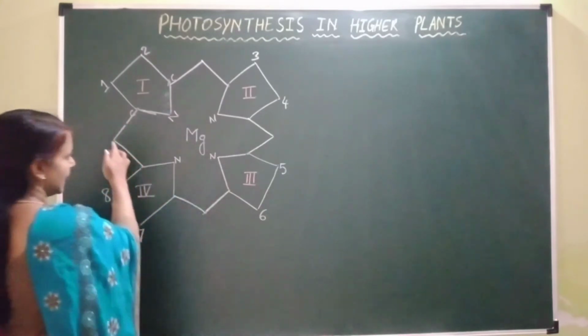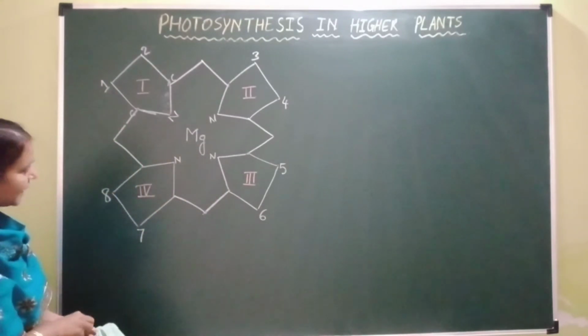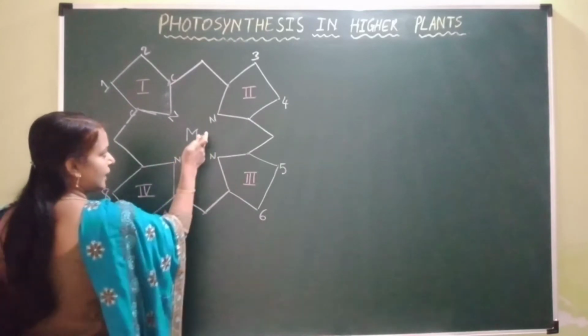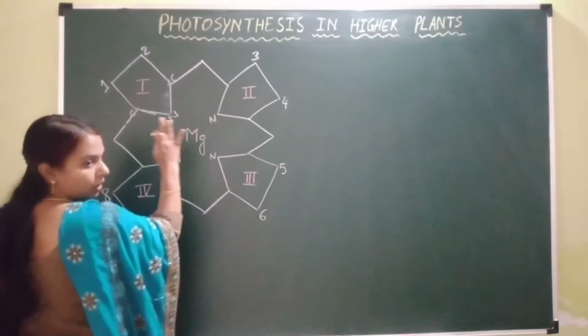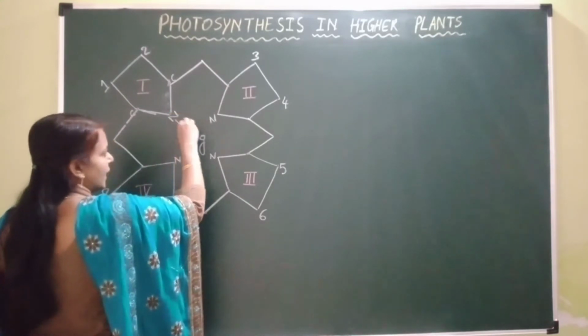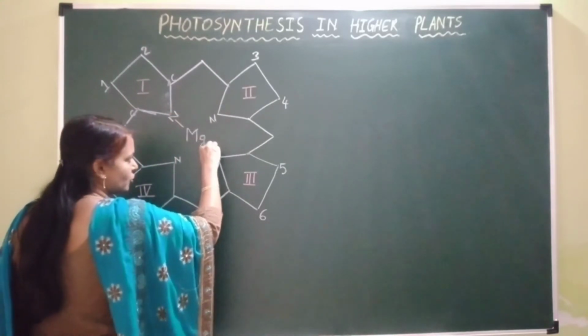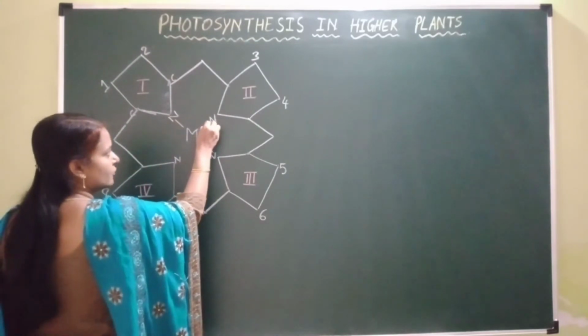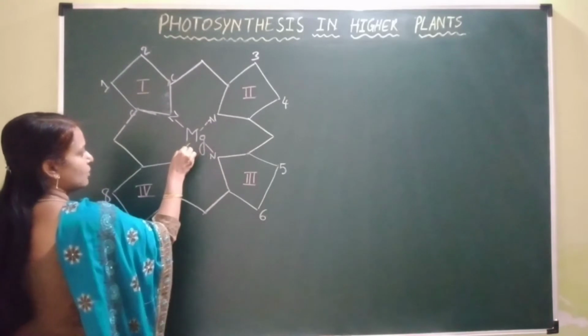And these 4 pyrrole rings are attached together by the formation of methine bridges. And these nitrogen atoms are positioned towards center. So the magnesium atom, which is present at the centermost of the head, is joined with 2 nitrogens by the formation of covalent bonds, and 2 other nitrogens by the formation of coordination bonds.